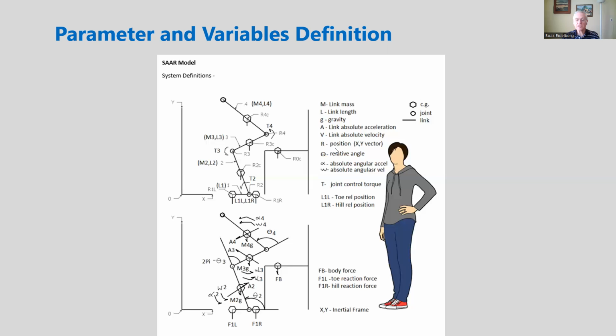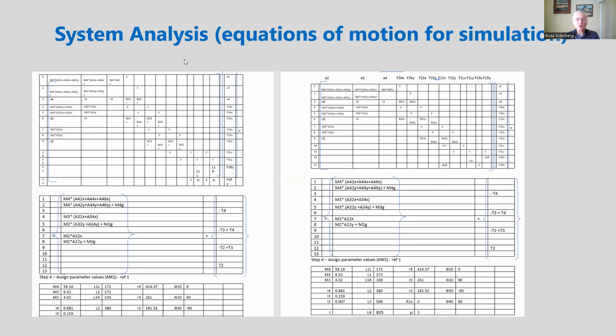And over here is the specific definition of each one of the variables and the parameters like mass, gravity, relative angle, body force, etc. Over here, we see a portion of the system analysis where these are the equations of motion. It's in a matrix form where all the constants are over here in a matrix, and all the unknown variables like accelerations and forces and torques are on the other side.